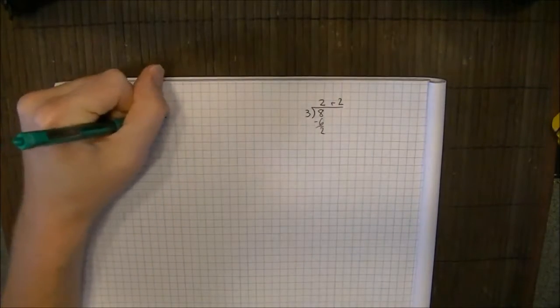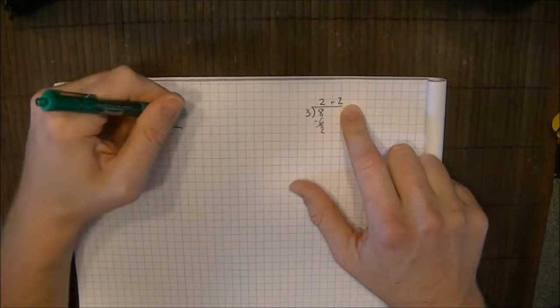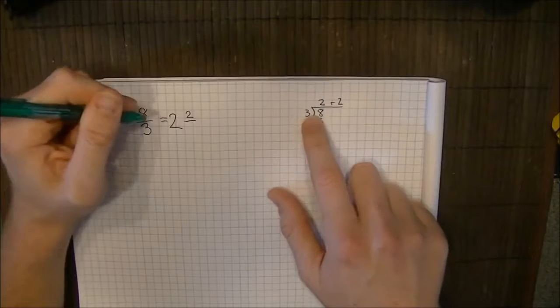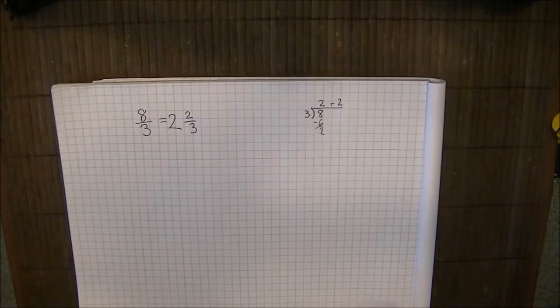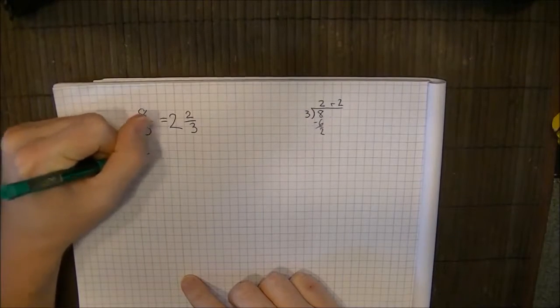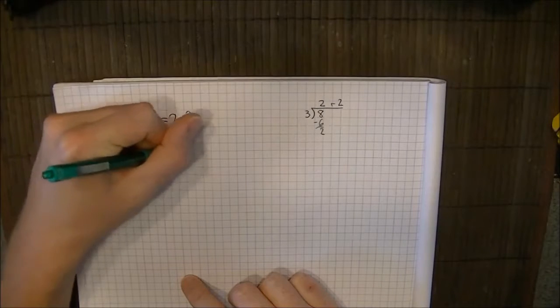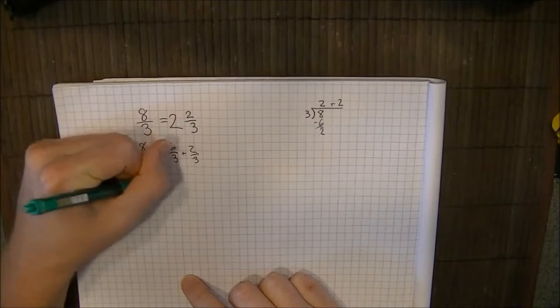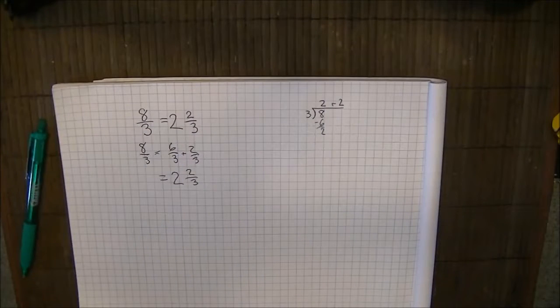What that means is 2, and the remainder of 2 means 2 divided by whatever I was dividing by before, so 2/3. And if we check, indeed that is true, because 8/3 can be written as 6/3 plus 2/3, which is 2 and 2/3. So it does work.